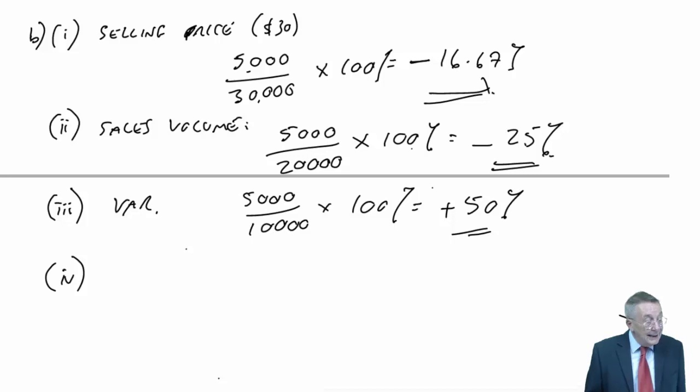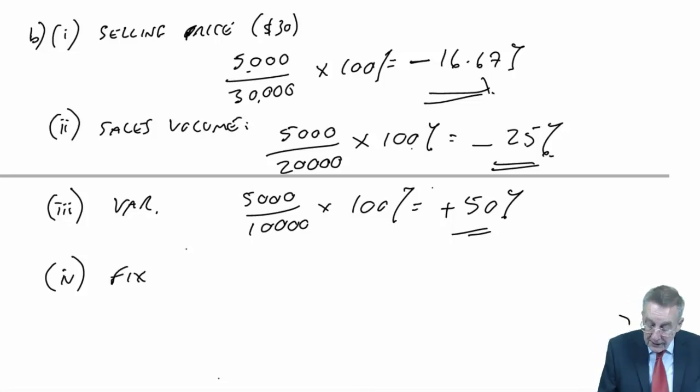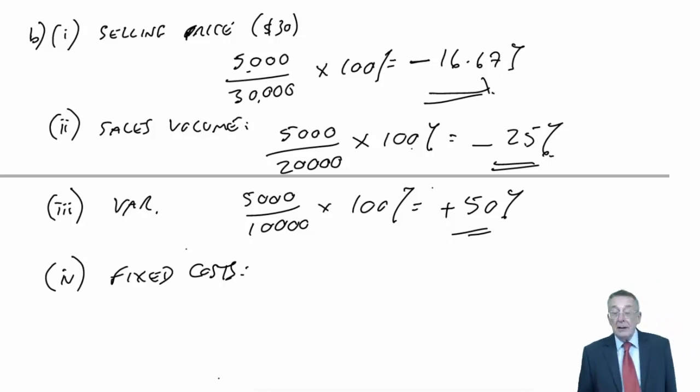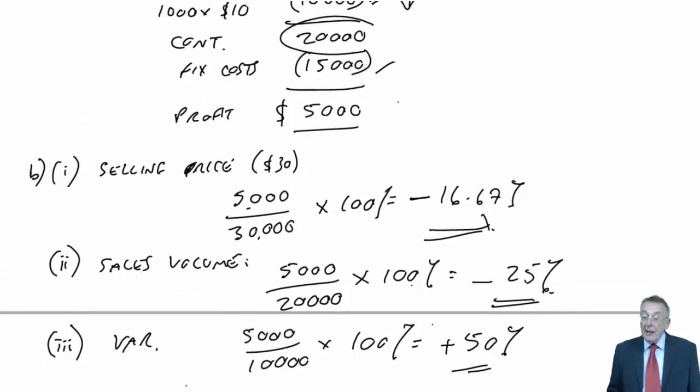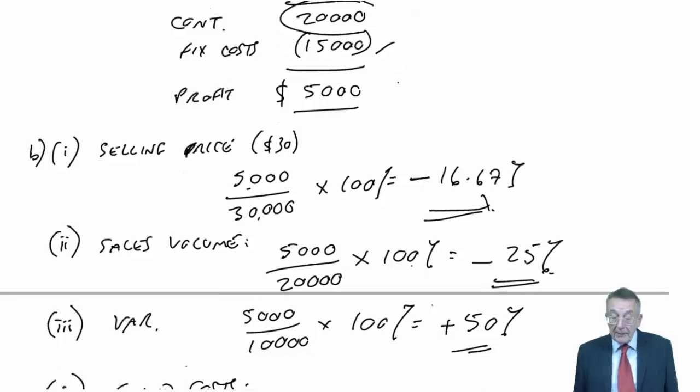And finally, the fixed costs. Well, again, if you've been happy so far, you should be able to do it almost without thinking. Fixed costs are 15, if that's the only thing we're uncertain of. For the profit to go to 0, fixed costs have to go up by 5.